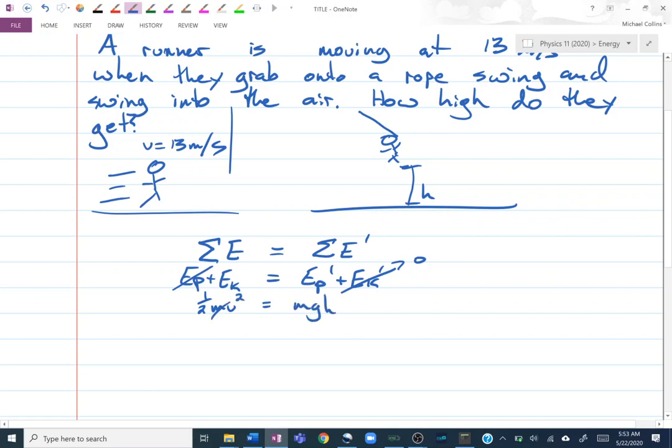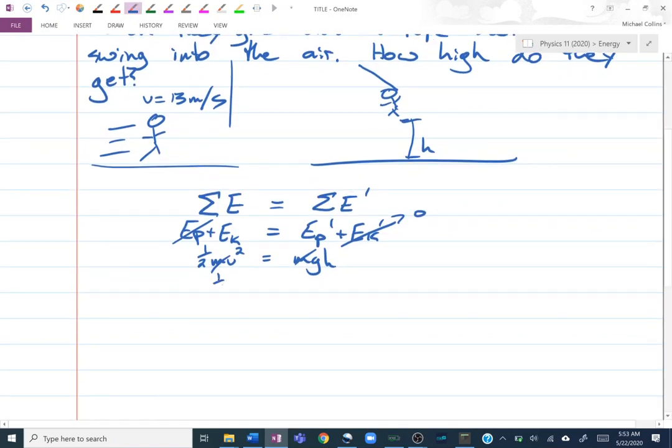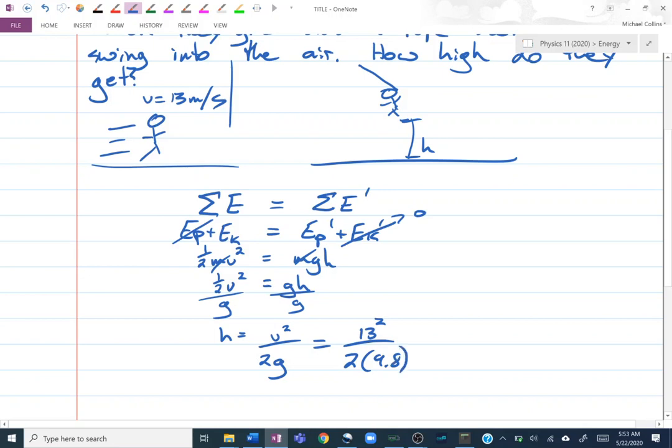Again, we notice that there's m's on both sides of the equation, and we can cancel them out. A half v squared is equal to gh. I can divide both sides by g, and I get h is equal to v squared over 2g, which is 13 squared over 2 times 9.8.